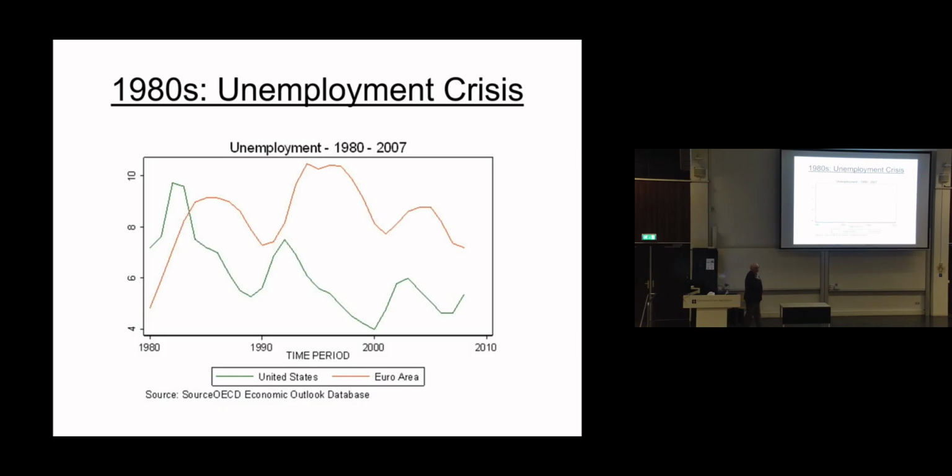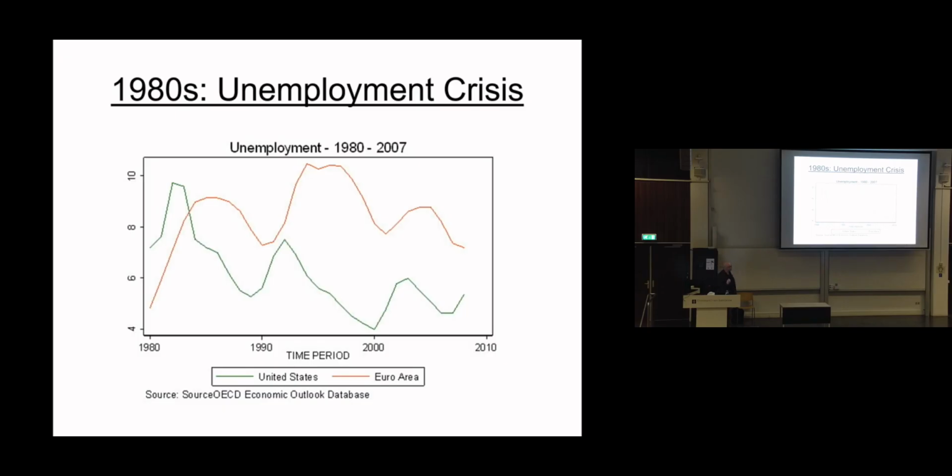The problem, I think, in part, is that Europe has rigid labor markets and extended welfare systems, and the shock that was caused by Ronald Reagan basically was not easily absorbed by the labor market in Europe.